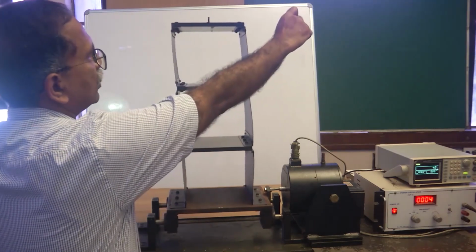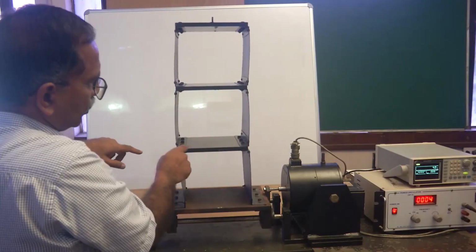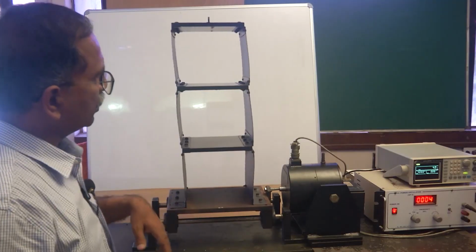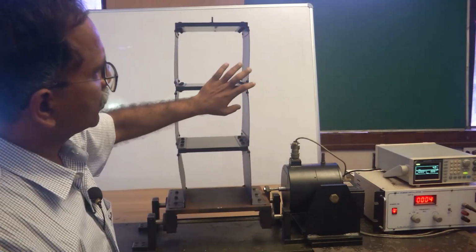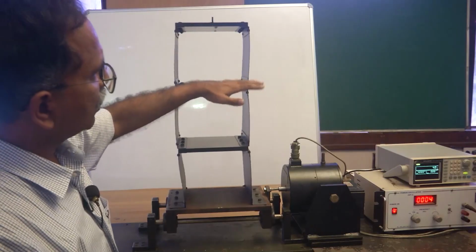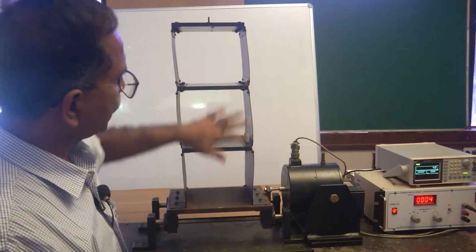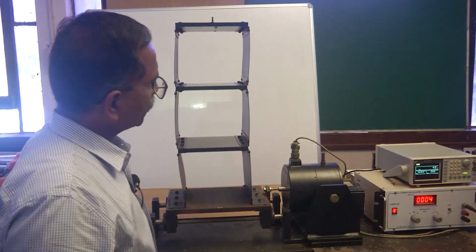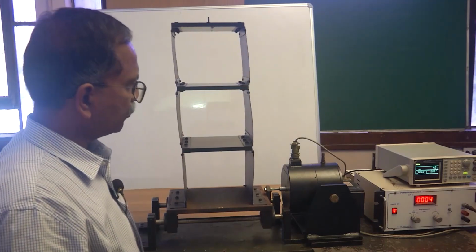This is 1 unit amplitude, then there will be maximum amplitude on the left side, and then going back to 0 here. There will be a node position somewhere nearby this plate, and that is the reason this plate has much lower amplitude as compared to this one and this one.